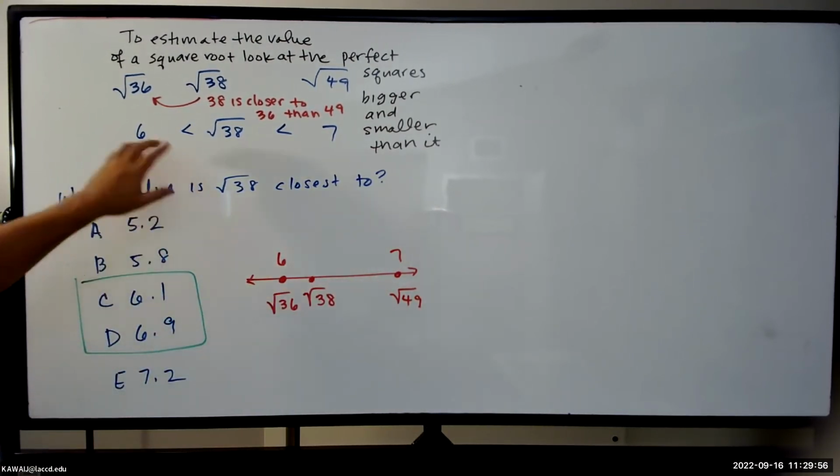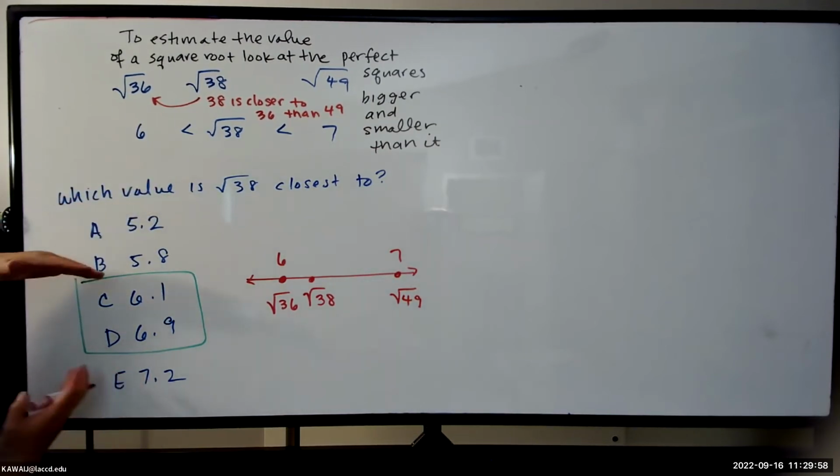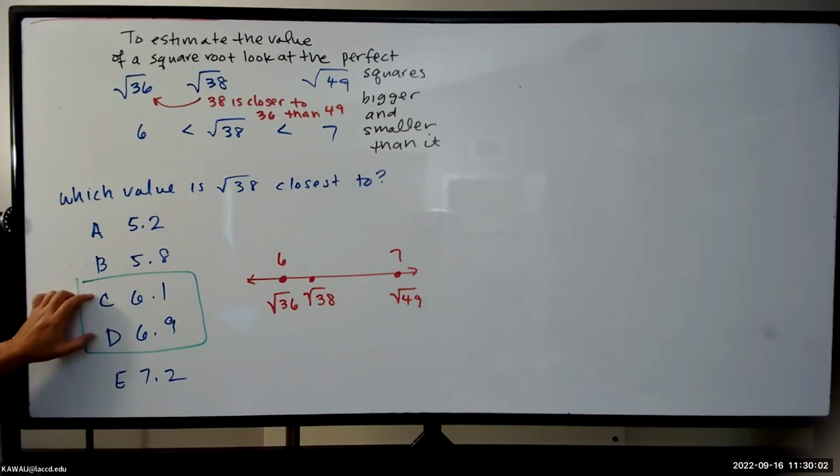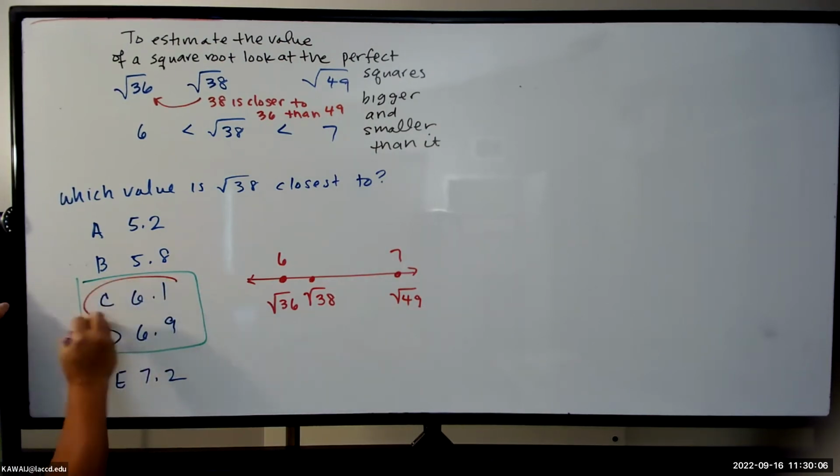So we would use this right here to tell me, well, it's in between those two numbers. So these are the two I'm considering. And from the ones I'm considering, it's closer to the smaller number.